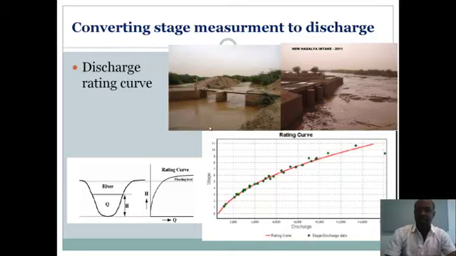Basically, a discharge rating curve could be made for any section of a river, but the challenge is that there is sediment, and the sediment usually changes; not only sedimentation but also erosion changes the section of the rivers.